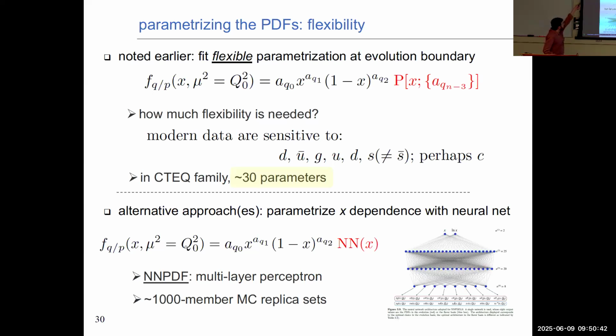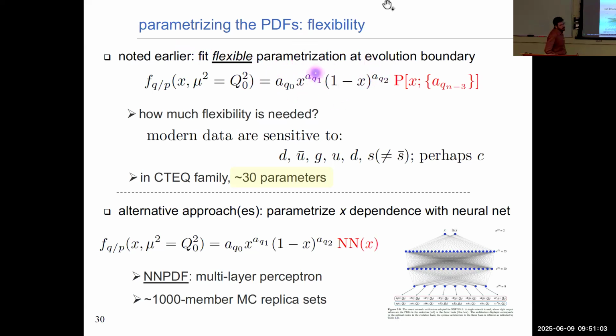In any case, what you do, as I keep saying, is write down some parameterization at a relatively low scale, an initial parameterization scale. Very often it might be something in the ballpark of maybe 1 GeV roughly. In general, we have some expectation for the very high X and very low X behavior.